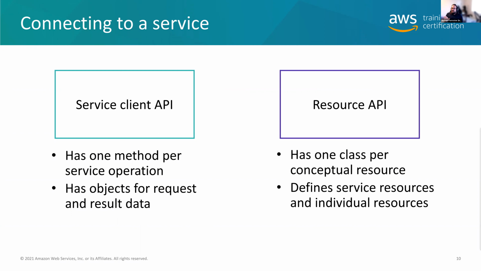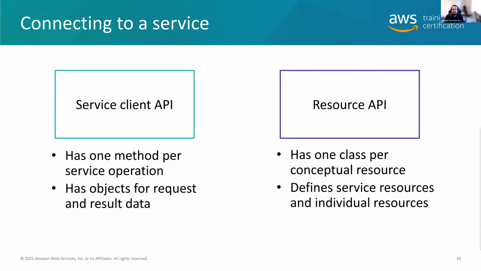The SDKs usually have robust support for the service client API, the one on the left. Support for the resource API is pretty mature in like Java, Python, .NET, but it may not be super strong for, say, like Go, which is a relatively new language, right?